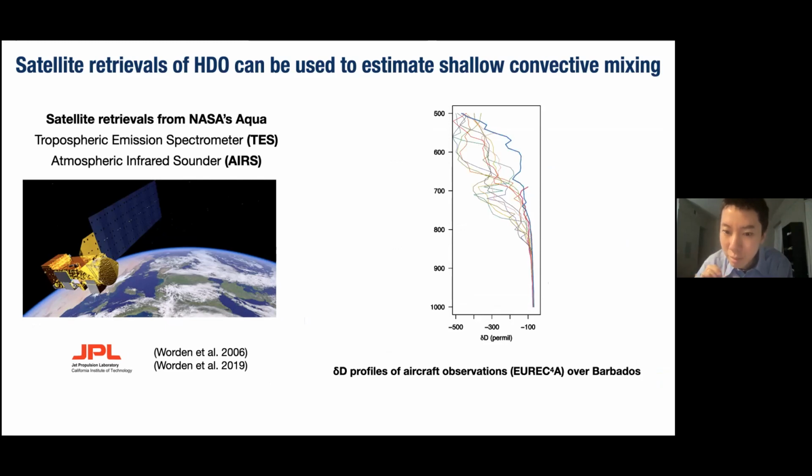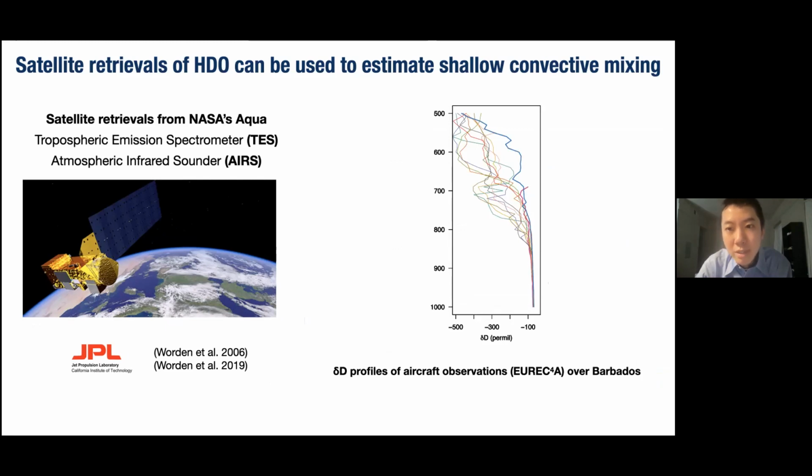This is another example of the delta D profiles, but this profile is not from satellite, it's from aircraft observations. These profiles are the flight measurements over Barbados.